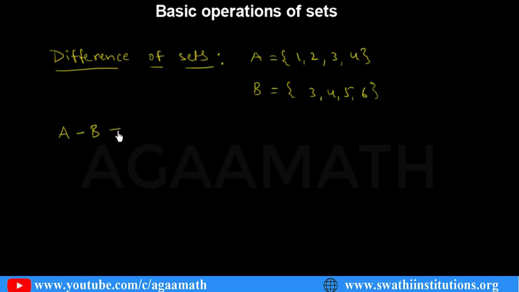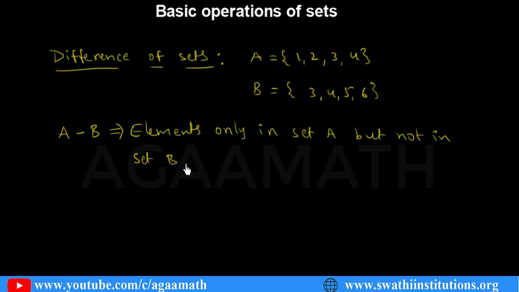It means elements only in set A, but not in set B. Elements only in set A but not in set B. Clear? Elements are supposed to be only in A but not in B.